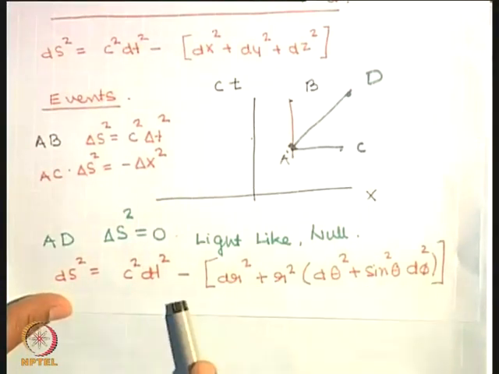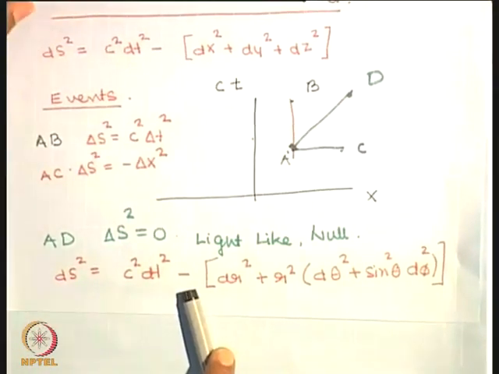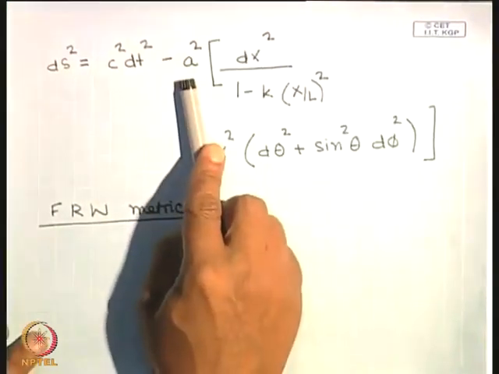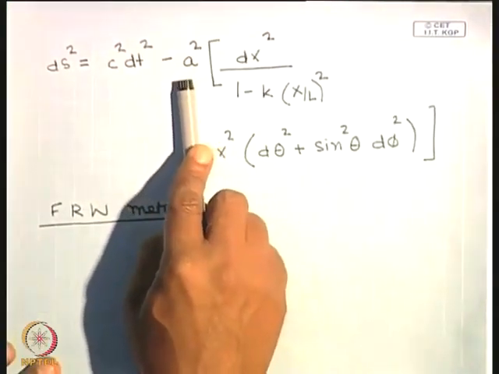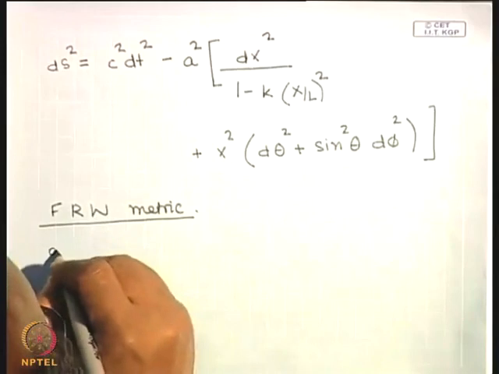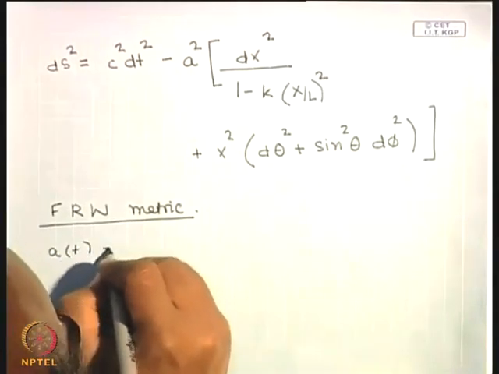The difference essentially lies in two things. One is this a of t, which is the familiar scale factor we have already encountered.